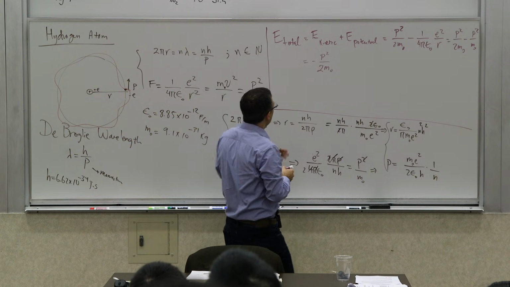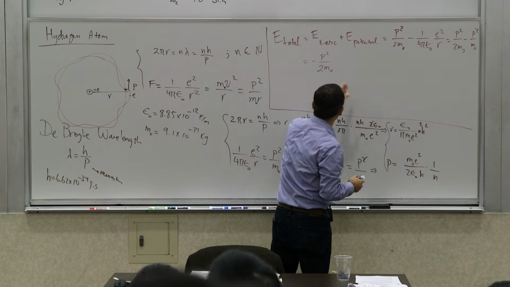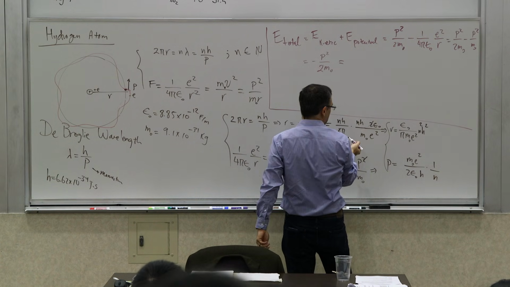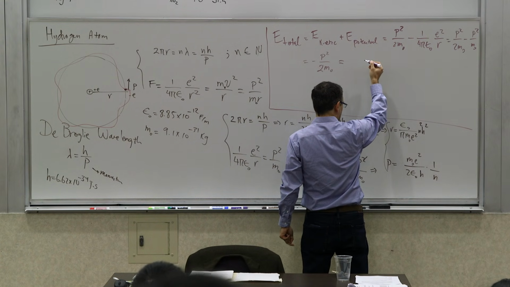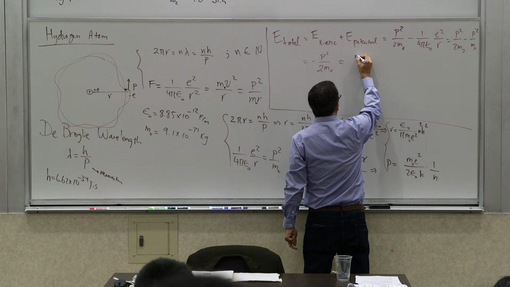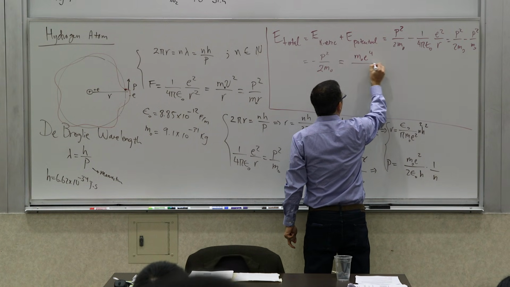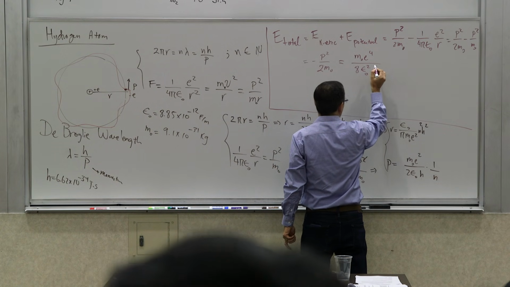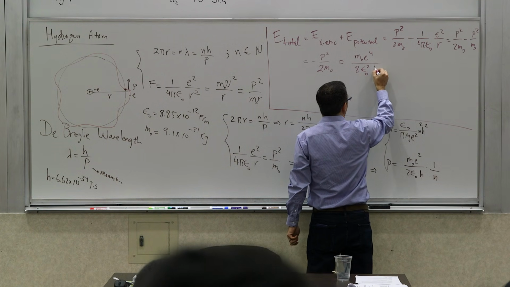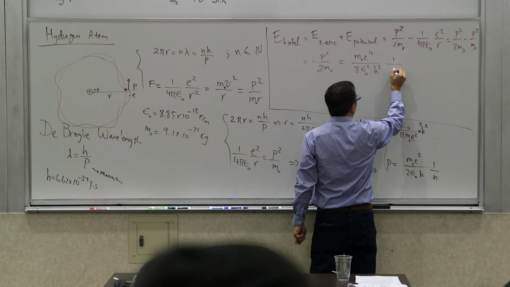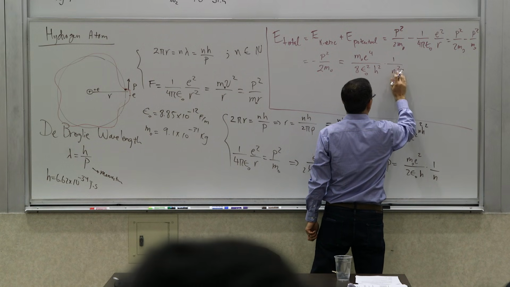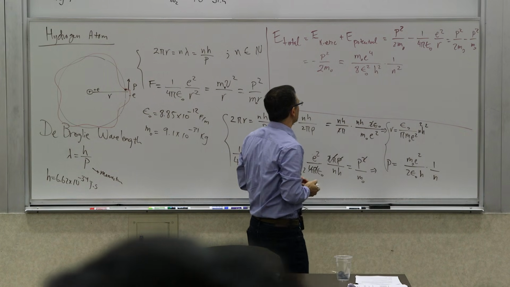Now that we have this expression, we can also express it in those terms. So we can plug this into this guy, and what you will get is m squared e to the 4 divided by 8 epsilon naught squared h squared, 1 over n squared. Sorry, not h naught, just h squared and n squared.